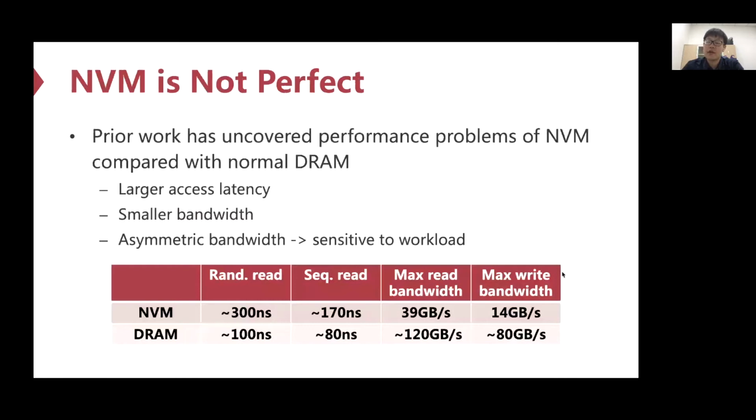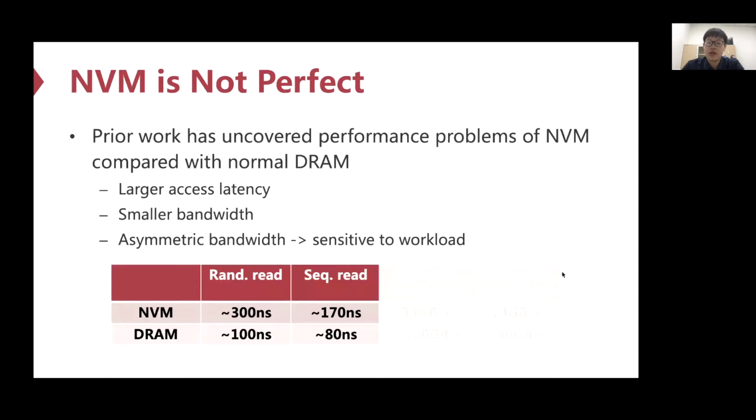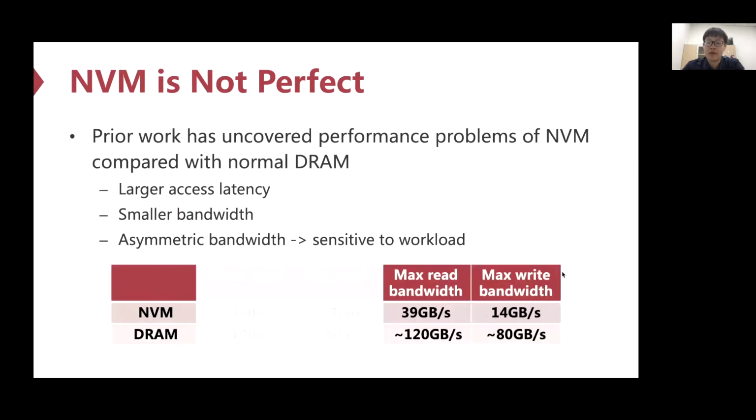However, NVM also has disadvantages, and prior work has uncovered performance problems of NVM compared with normal DRAM devices. The first one is that random read and sequential read latency is actually larger than DRAM. Secondly, both maximum read bandwidth and maximum write bandwidth are much smaller than DRAM.